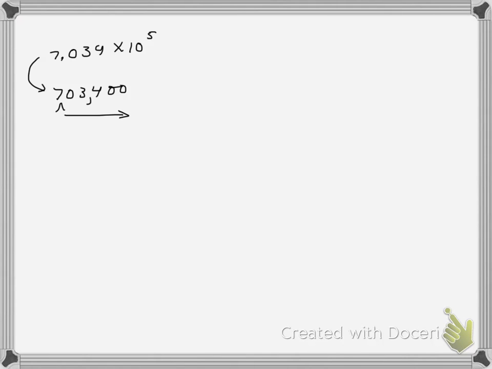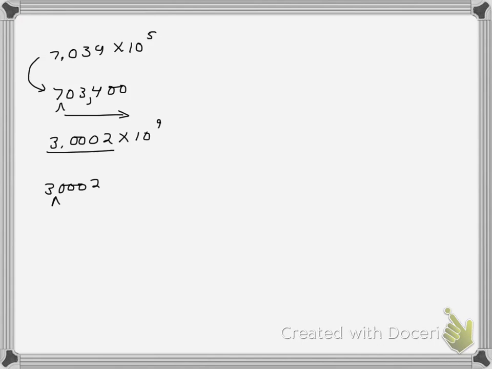Let's do another one. If I have 3.0002 times 10 to the 9th, okay, I'm going to write this part just like it is, 3.0002 without the decimal point, but I'm remembering where the decimal point was, just after the first one.